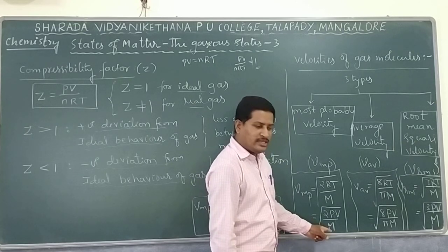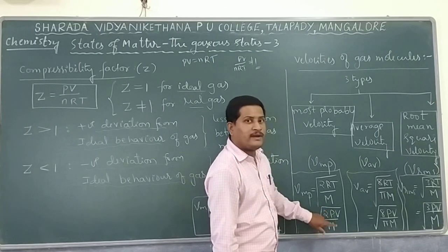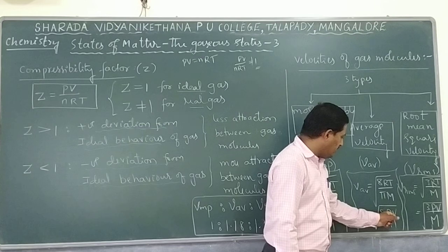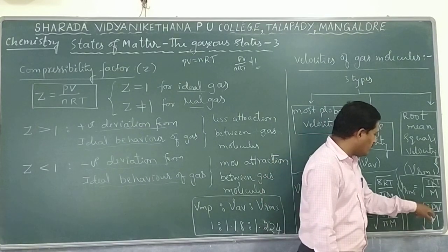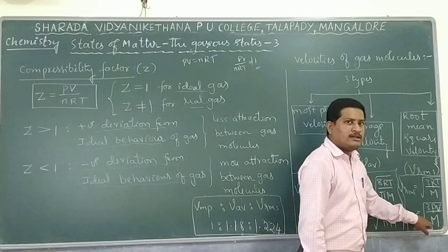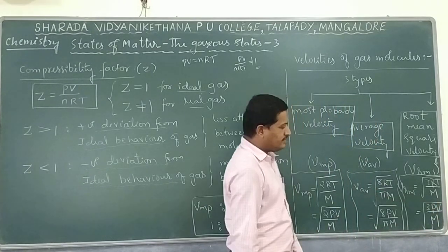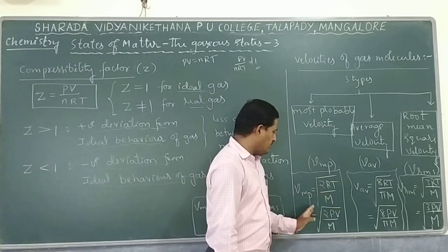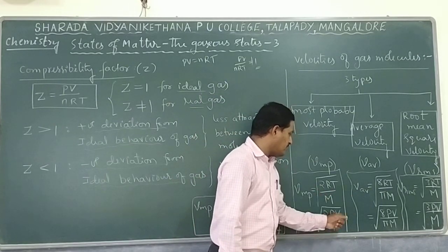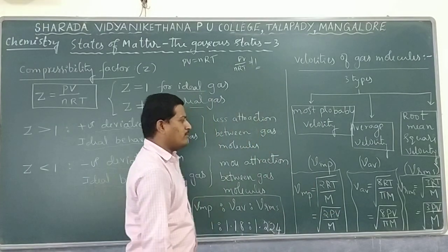So it can also be written as the whole square root of 2P divided by d, similarly 8P divided by pi into d, and whole square root of 3P divided by d. Like that, in terms of density also a relation can be written. But from the competitive exam point of view, the relations in terms of pressure, volume and temperature are more important.